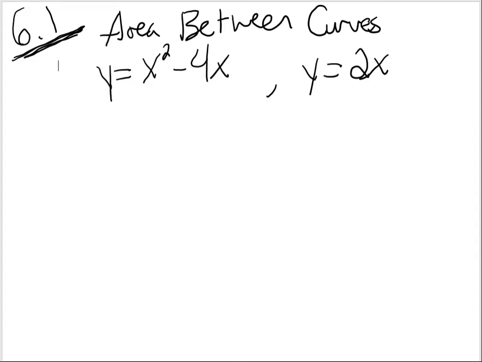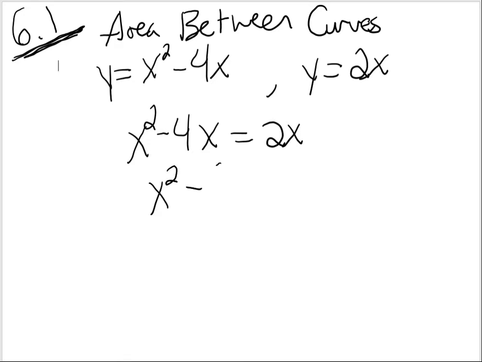So similar to the last one, this is going to lie in between. You're going to have some line, some parabola, and you're going to have to find where these points are. How we do that is, let's set them equal to each other and solve.